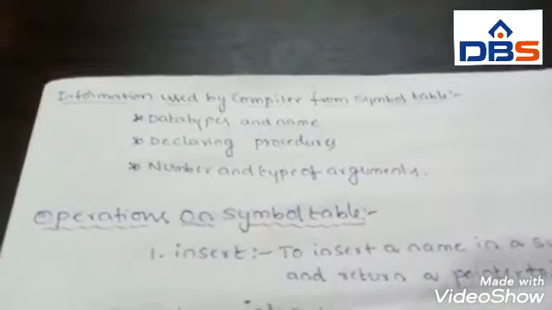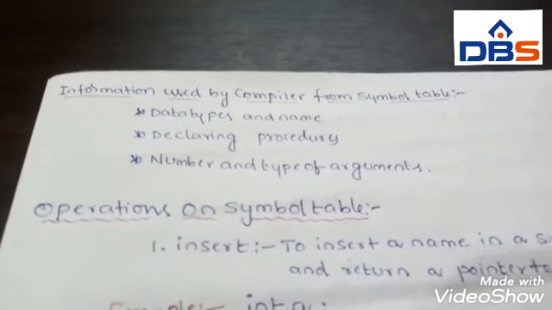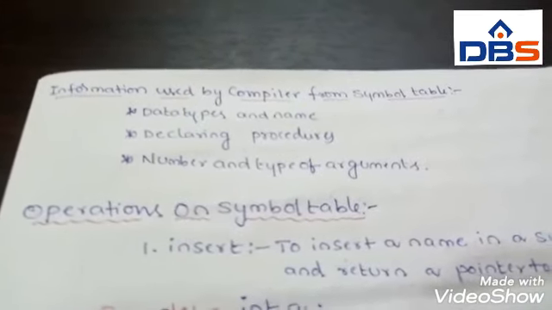Next, coming to the information used by the compiler from the symbol table.